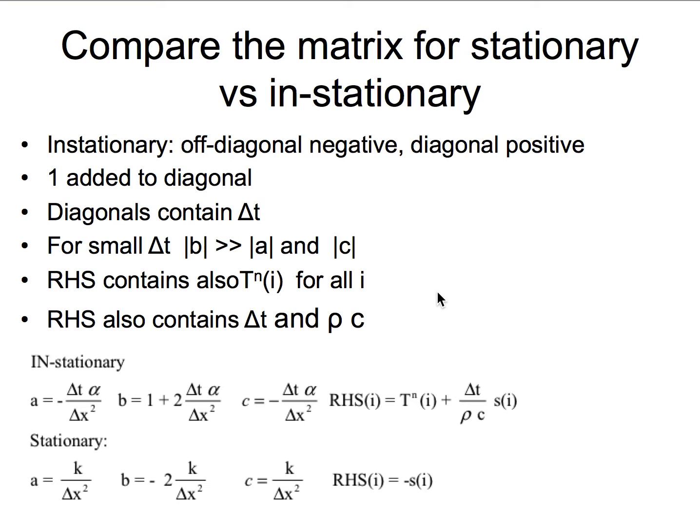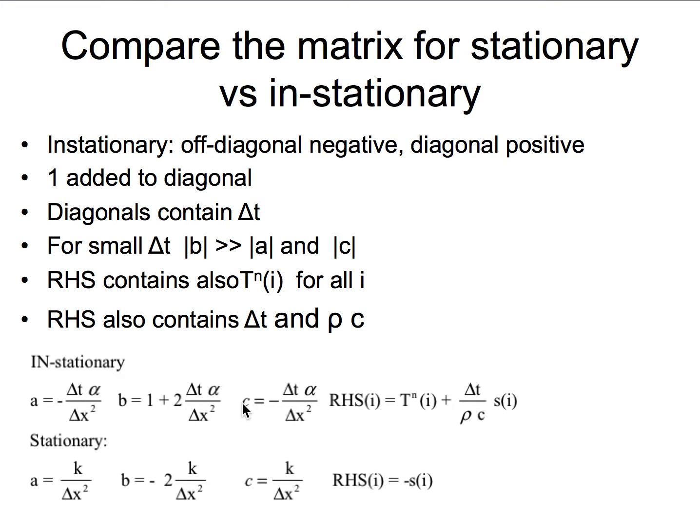Let me compare the coefficients for the implicit case with the coefficients for the stationary case. For the stationary case, remember the A coefficient is k over delta x squared, B coefficient is minus 2k over delta x squared, and C coefficient is k over delta x squared. For the instationary case, A coefficient is minus delta t alpha over delta x squared, so it's negative as opposed to positive for the stationary case, and it contains this delta t.